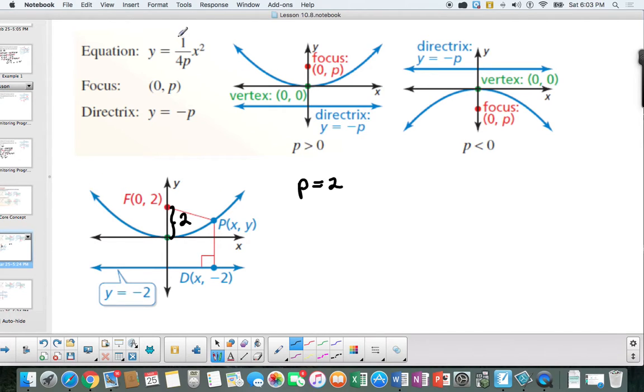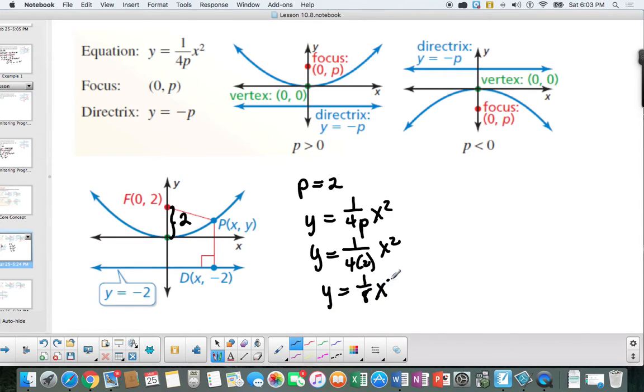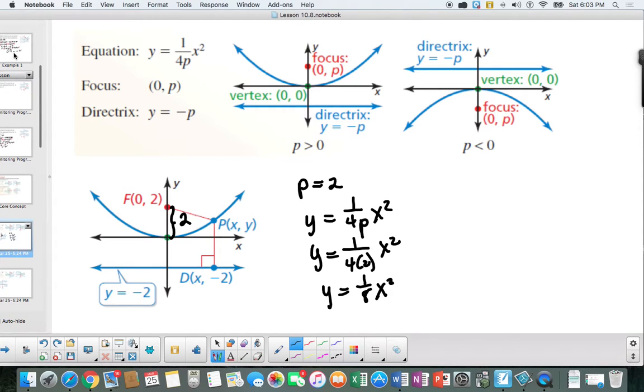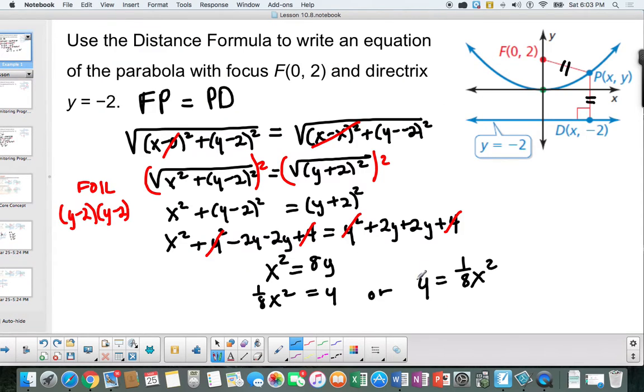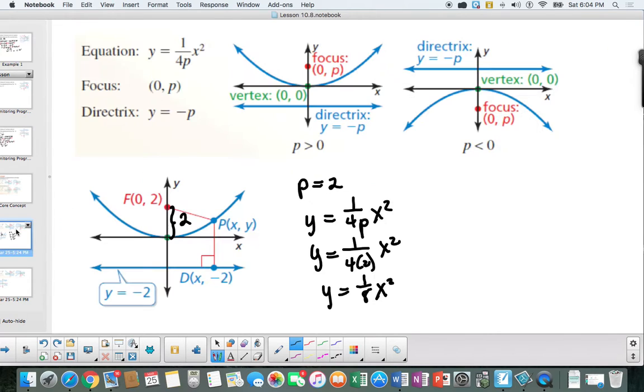So parabolas going up have this format right here. So I'm going to write y is equal to 1/4p x squared. And now that I know p is 2, I'm going to get y is equal to 1/8 x squared. Now remember, I got that before with my distance formula right here. So much easier if I can just use that format.